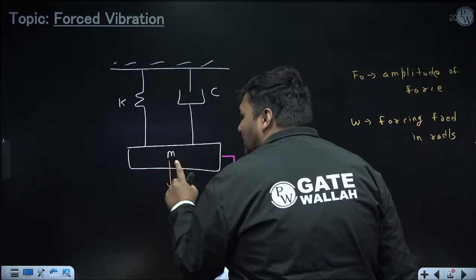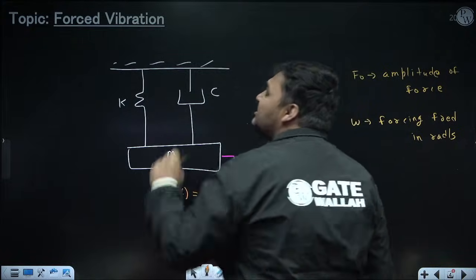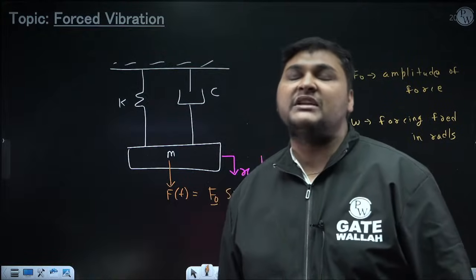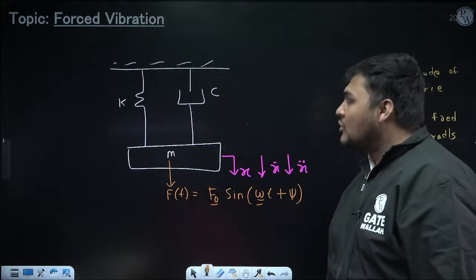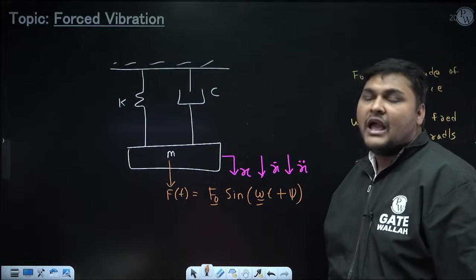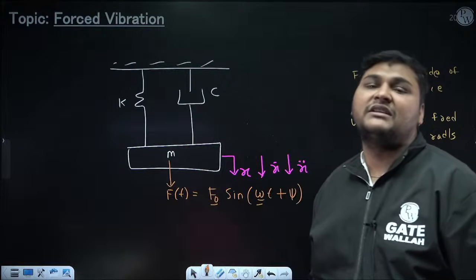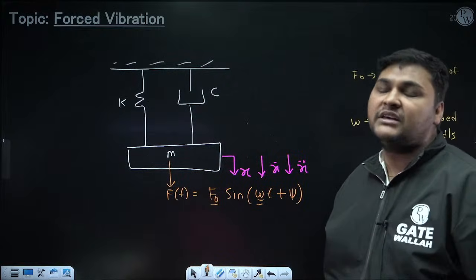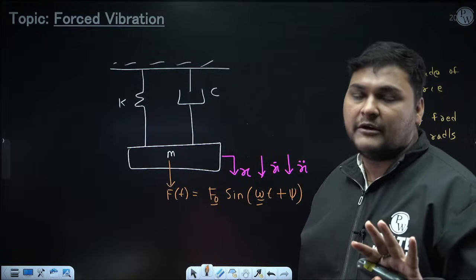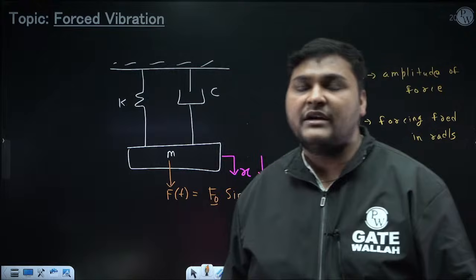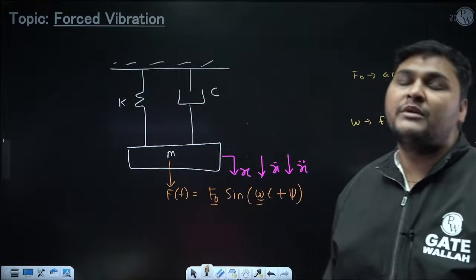Due to the weight of the system, there will be some static deflection in the spring, and the weight and the force due to static deflection will cancel each other's effect. How they cancel each other, we need not bother about that. In that case, there will be no role of gravity in the restoration.